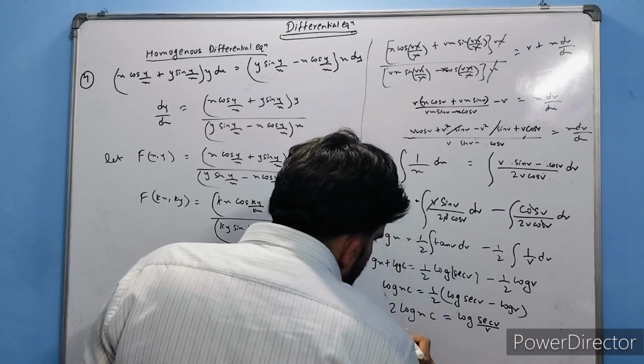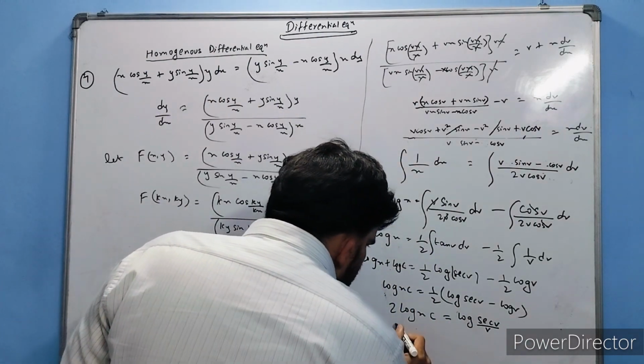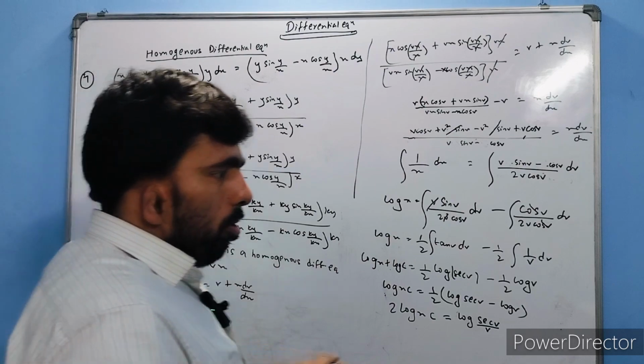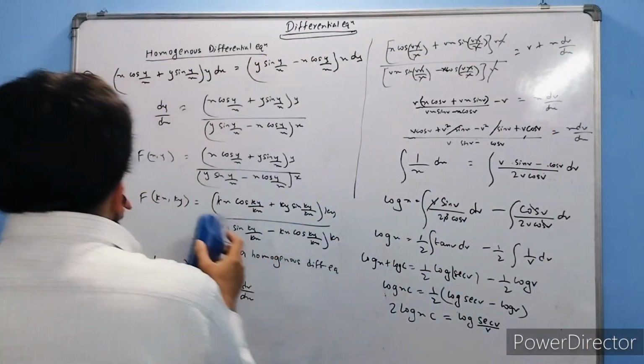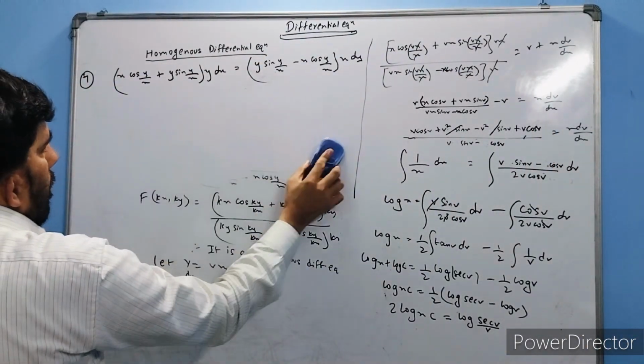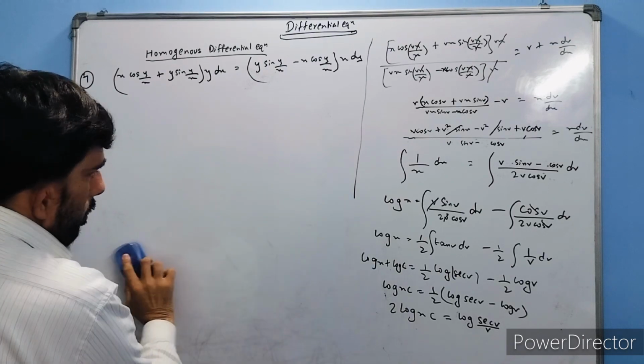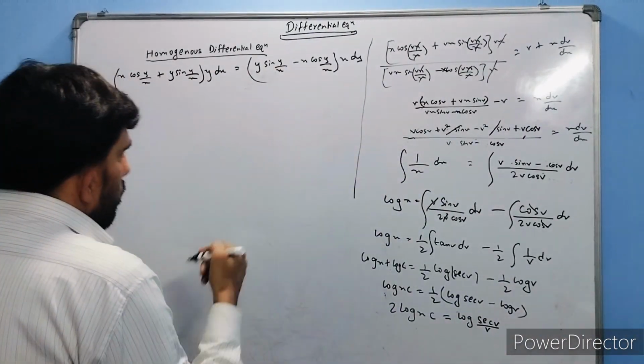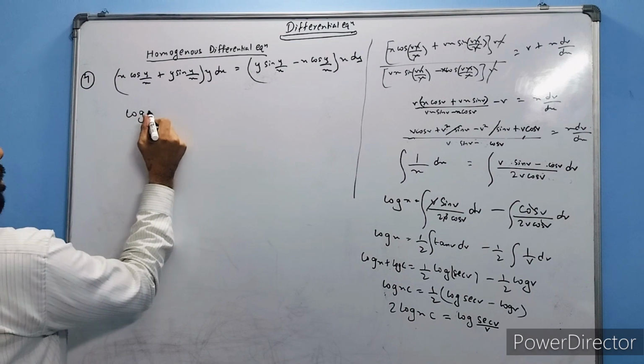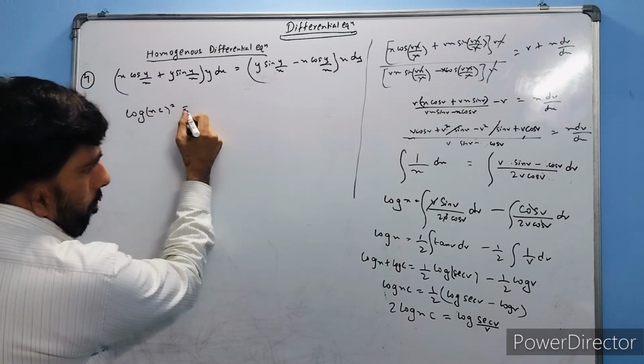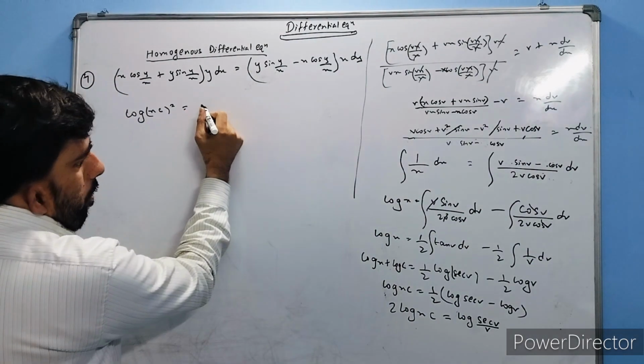So now, if I erase this, let us try to solve it here. This is the question we have. We will see log of xc whole square will have 1 upon v.